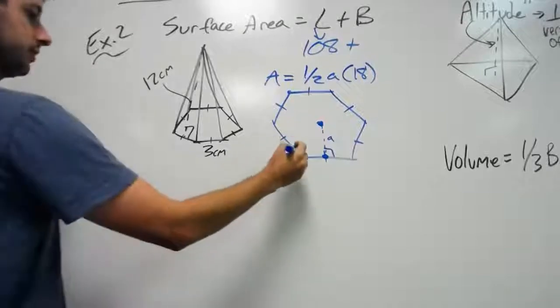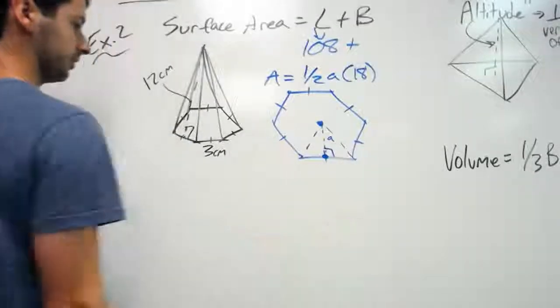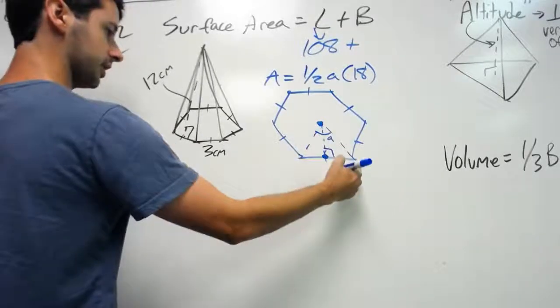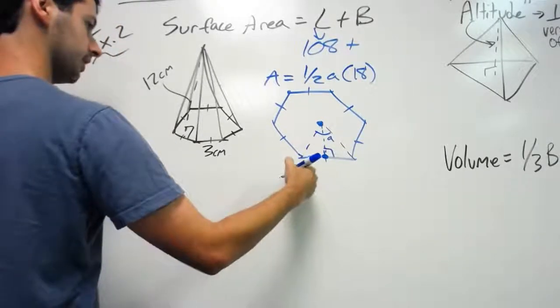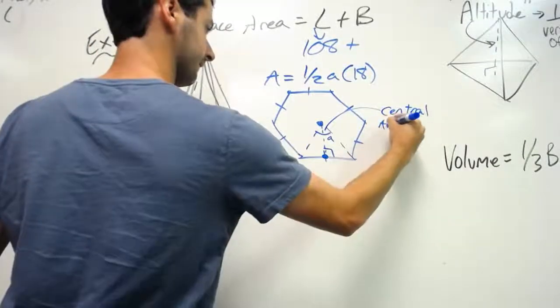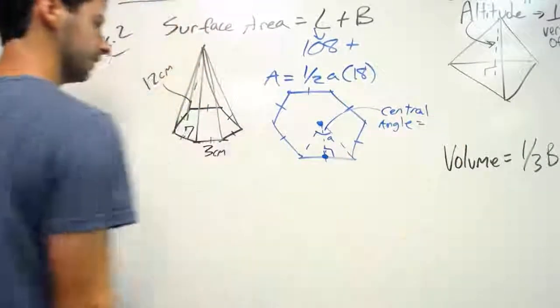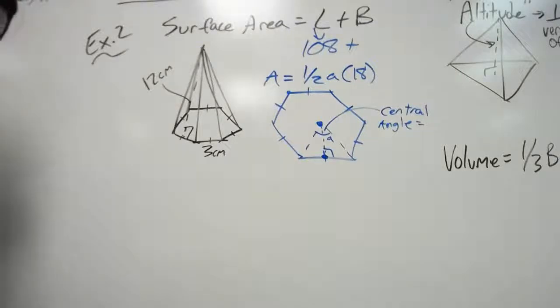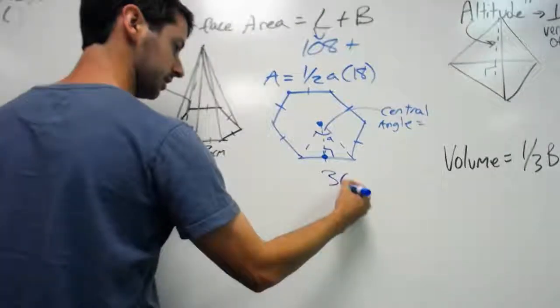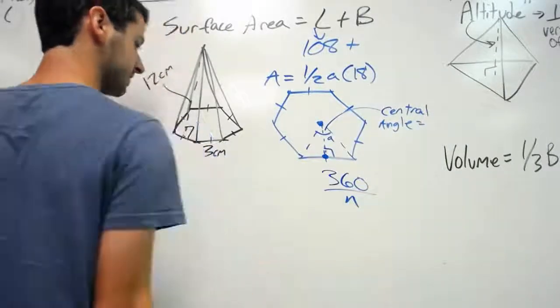We create our little imaginary triangle here. When we create a triangle between two vertices, we create a central angle. The formula we had back in investigation 3 was 360 divided by the number of sides.